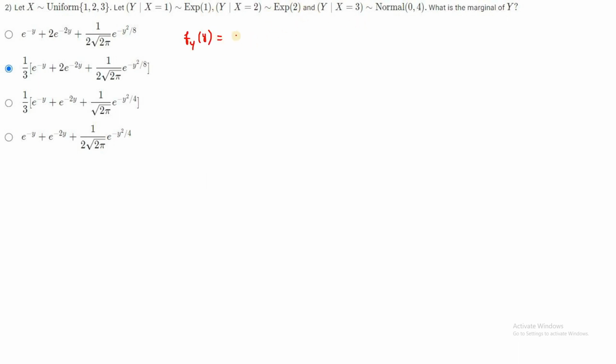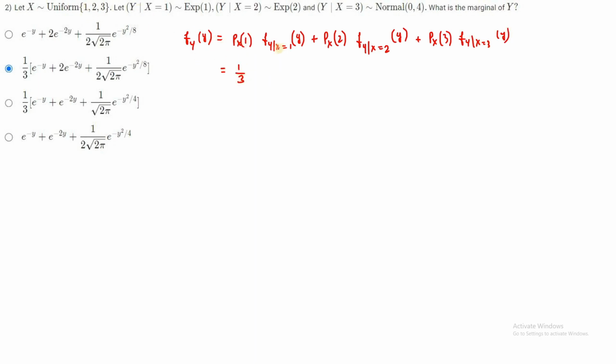So that is nothing but p_X(1) into f_{Y|X=1}(y) plus p_X(2) into f_{Y|X=2}(y) plus p_X(3) into f_{Y|X=3}(y). Since this is a uniform distribution, the probability is 1/3.